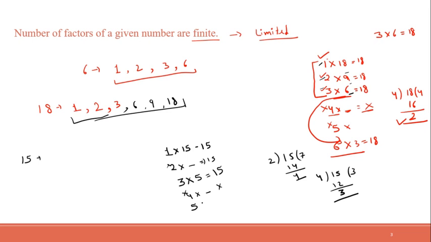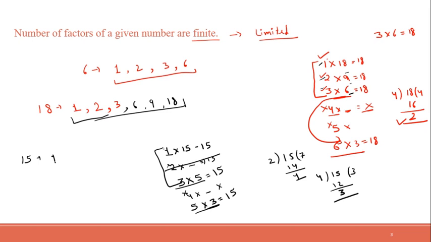Then come to 5. 5 into 3 is 15. Got it? Now notice here I have 3 into 5 and here I have 5 into 3, so we will not check anymore. The factors will be these only, and not the ones leaving a remainder.